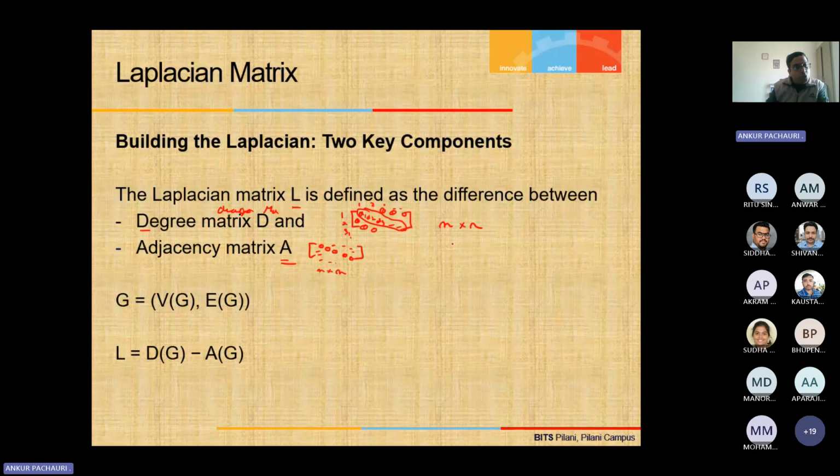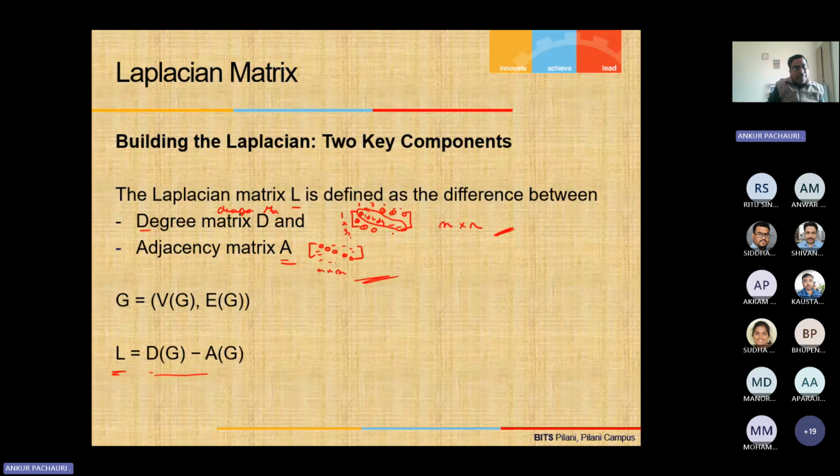Now I have two matrices: one matrix in which diagonals are all 0 and non-diagonals are non-zero, and a different matrix, the degree matrix D, in which the diagonal is non-zero whereas the non-diagonal elements are 0. So somehow if I merge both of them, it might give me a matrix which contains both pieces of information. So the Laplace matrix L is nothing but the degree matrix minus the adjacency matrix.